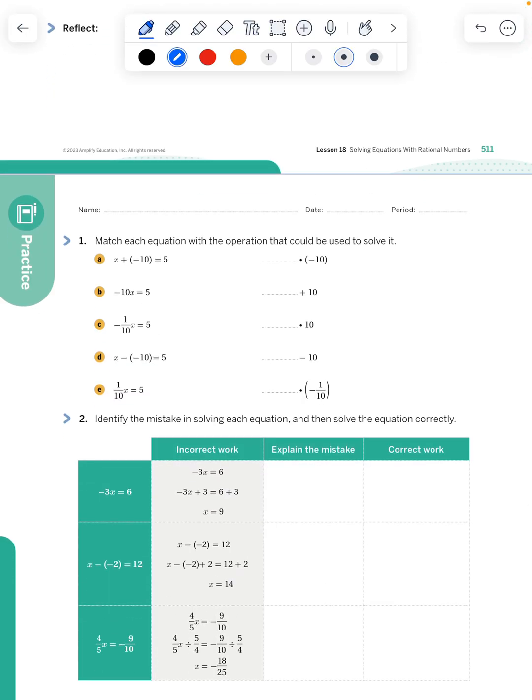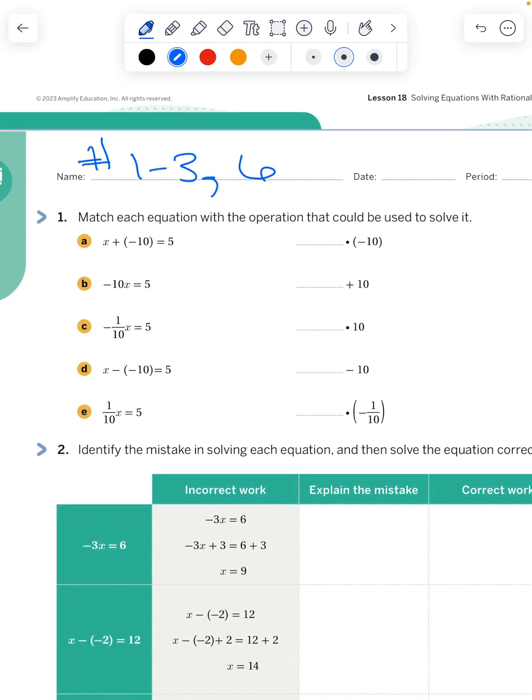And then on the practice pages, I want you to do numbers 1 through 3 and 6. I want you to pause the video, actually test yourself on 1, 2, 3, and 6. And then when you are finished, you're going to unpause the video and check with me.